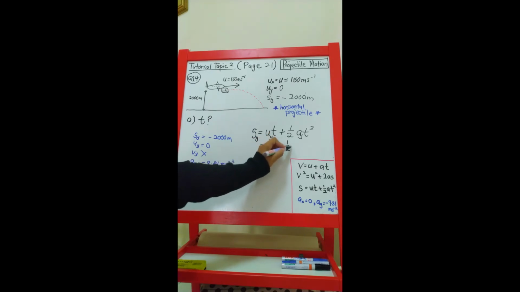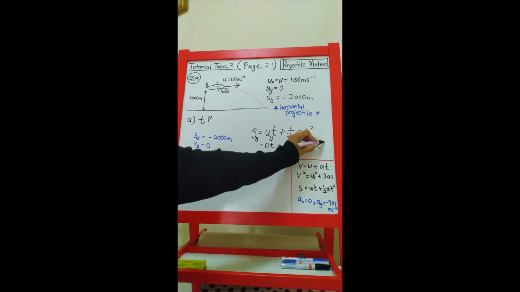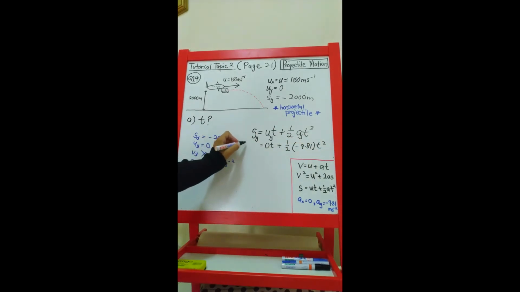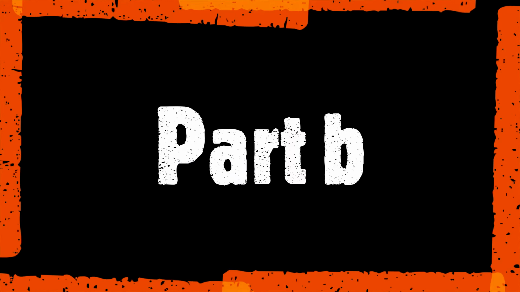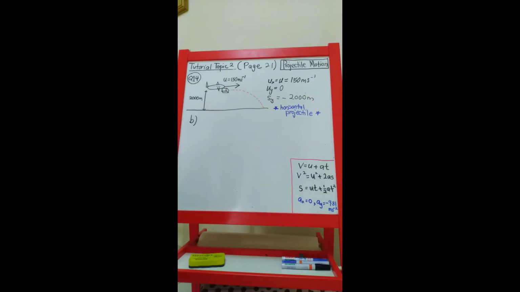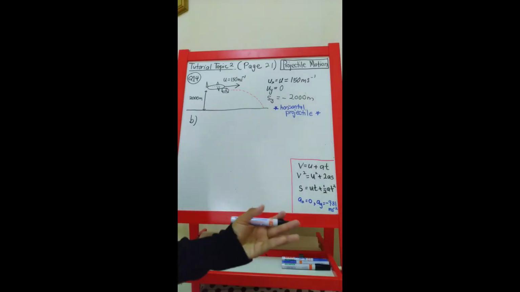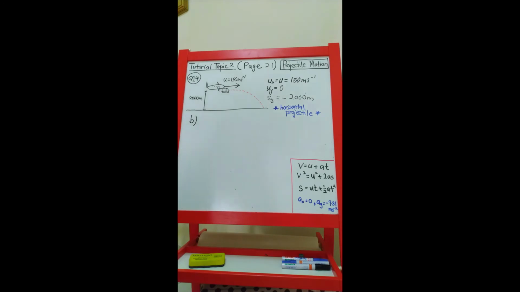So half, negative a, and then t squared, equals negative 2000. If you rearrange the equation, you will get time equals 20.19 seconds.